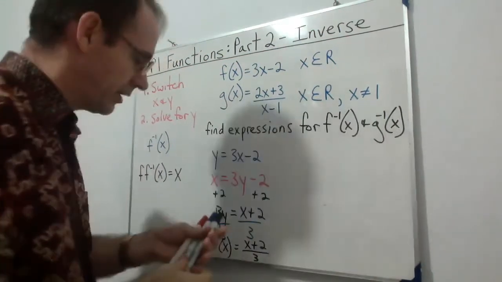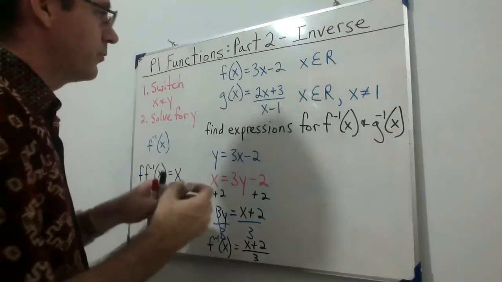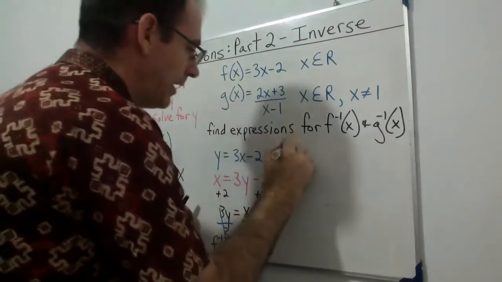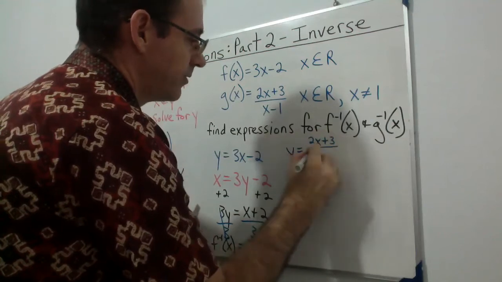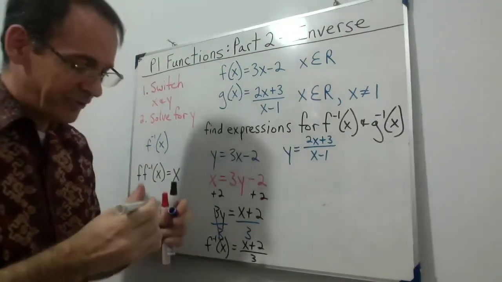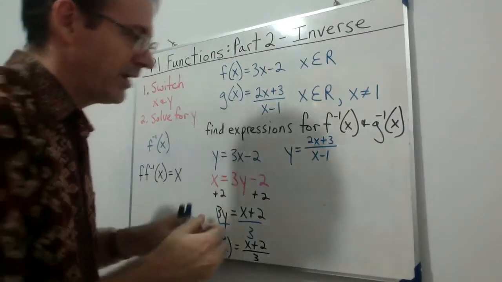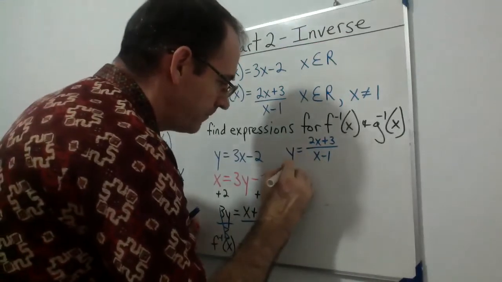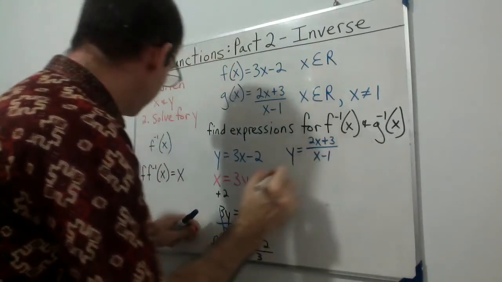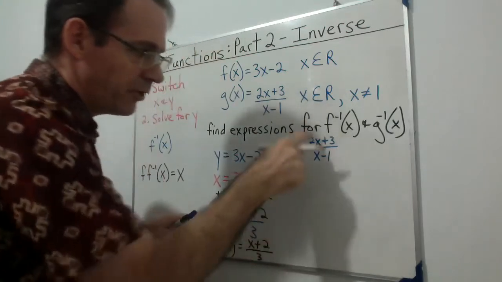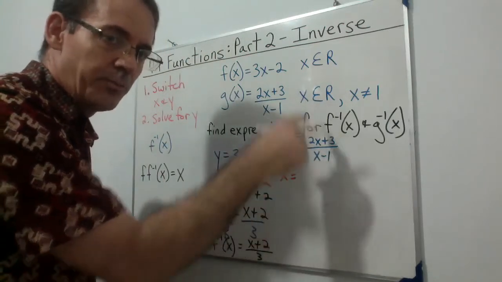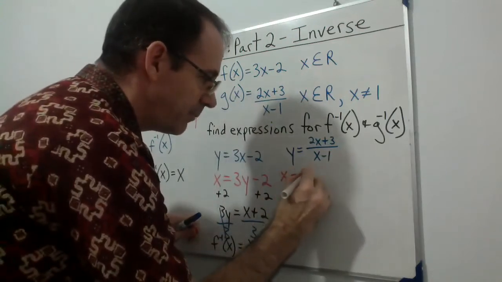Now let's go to our g function. So again, we're going to rewrite it with y equals (2x plus 3)/(x minus 1). First thing that we want to do is switch our x and y. This one might take a little bit more space here. That's okay. x equals. Now notice we have 2 x's, so both of those need to become y.